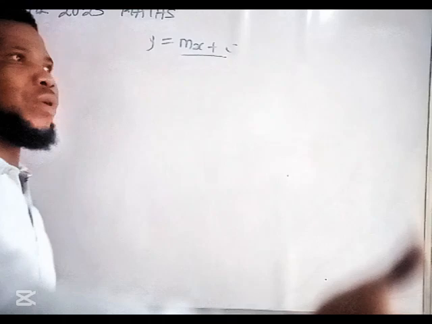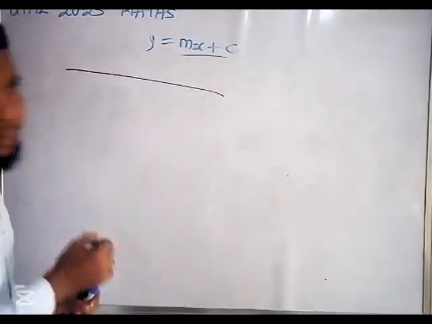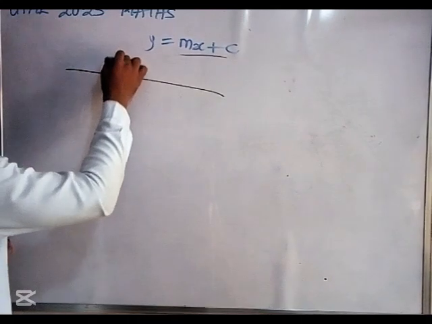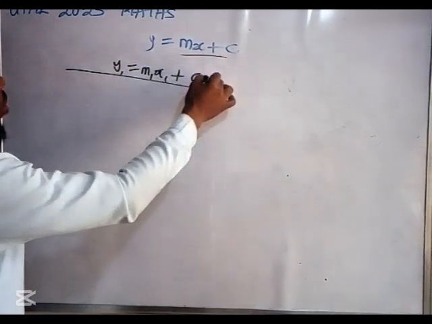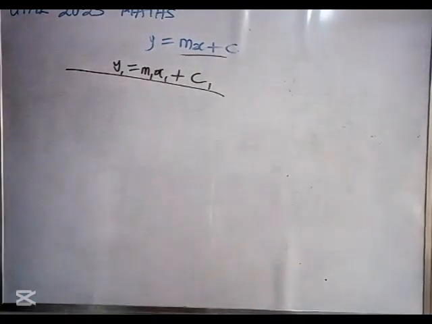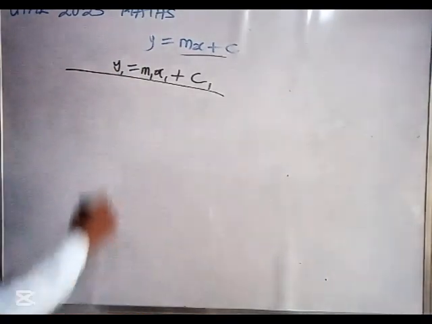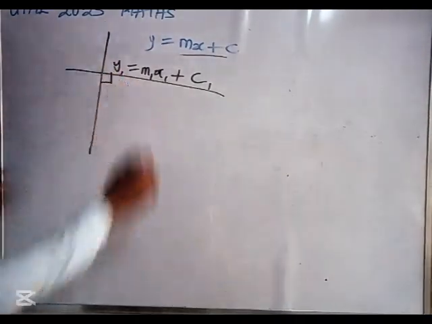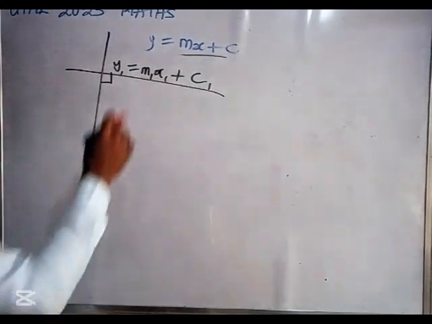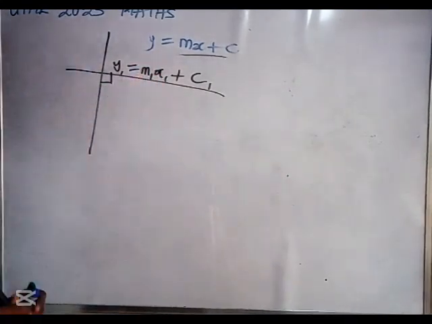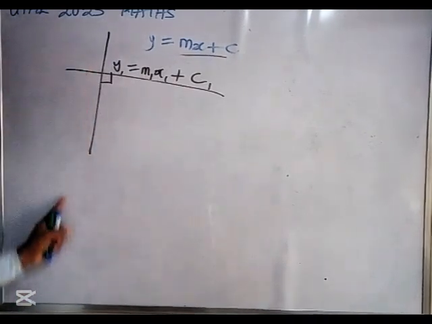So let's say I have a straight line, and it's what? y equal to m1 x plus c1. Right? This is a straight line. Find the equation of another straight line related to this. Okay? So I have that straight line parallel to this one. So these two lines are parallel. One was given, the other was not given. So you have to find this slope.